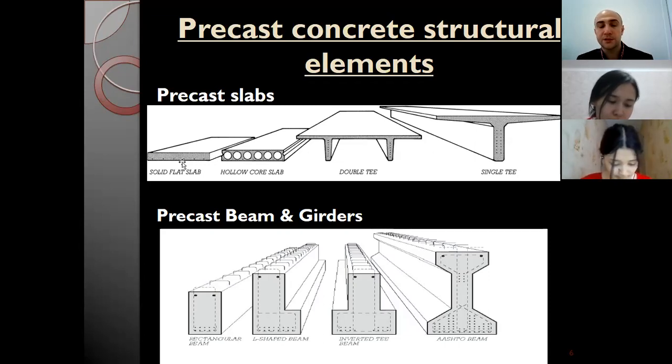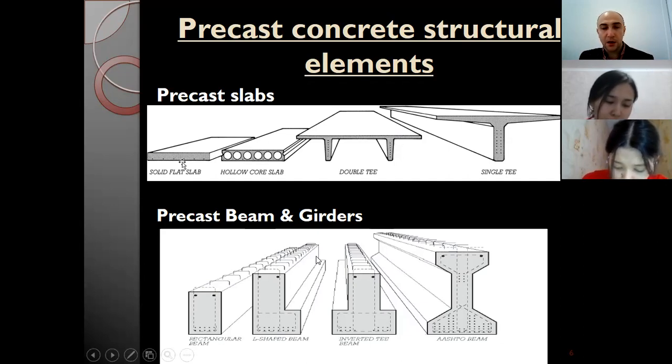When we need to decrease the own weight of construction, this is a very good variant, and also to increase energy efficiency solutions. Then double T and single T. Most of all, these two positions are used in industrial buildings when there are no aesthetical requirements for the ceiling.